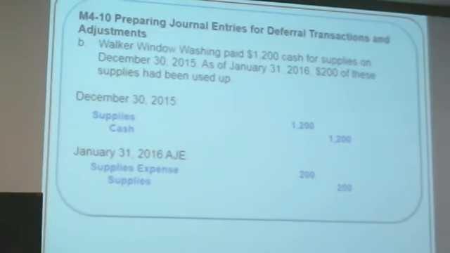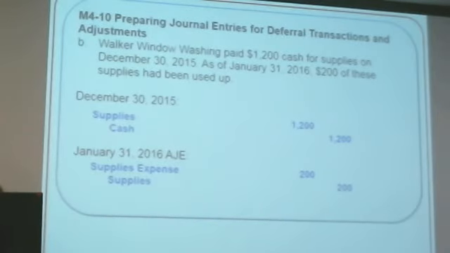So we take what we've used and record it to supplies expense, and then lower our supplies balance by what we've used, so that our financial statements reflect that as of January 31st, we have $1,000 worth of supplies. The $1,200 that we initially recorded minus the $200 shows everyone that you still have $1,000 left.